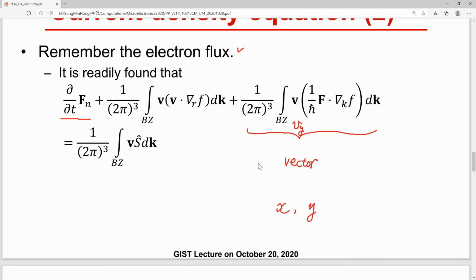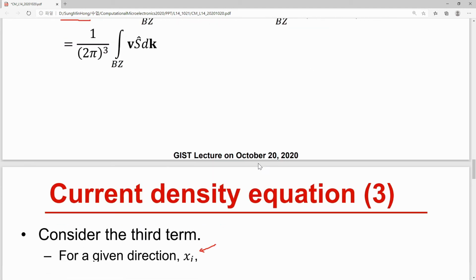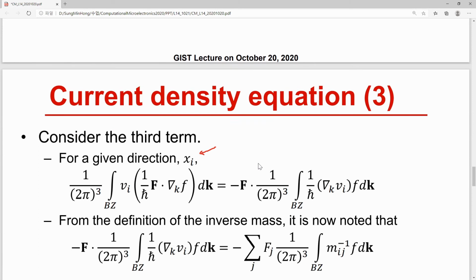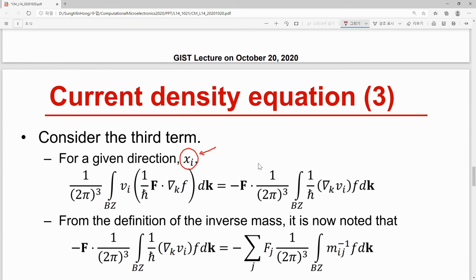So I wanted to suggest that when we fix the direction, for example the x, y, or z direction, life can be simplified. So let's consider just a certain direction, x_i, and this x_i can be either x, y, or z.